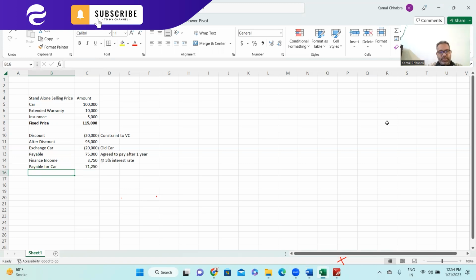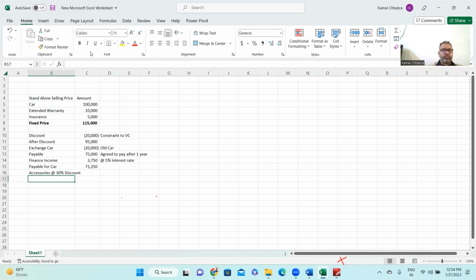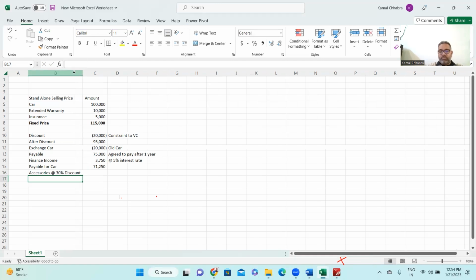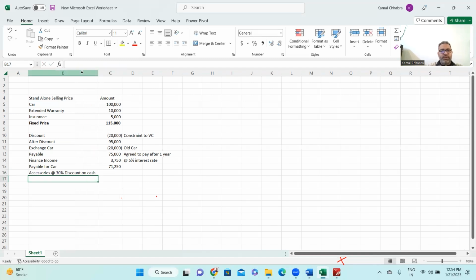And then you purchase accessories at the rate of 30% discount, on cash. Let's assume you purchased an accessory for 1750.